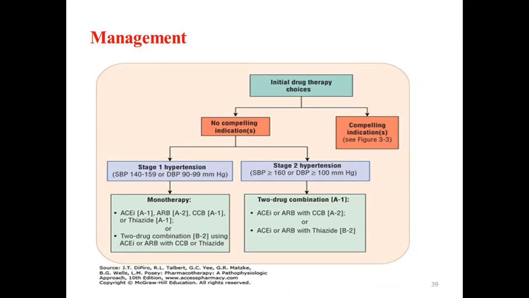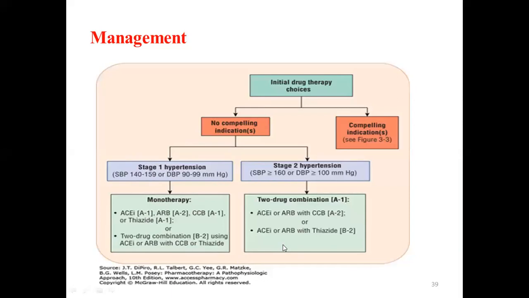If the patient has no compelling indication and is at stage one, it usually requires monotherapy. For monotherapy, we can use ACE inhibitors, ARBs, calcium channel blockers, and even diuretics. If monotherapy is not effective, we can use a combination therapy of 2 drugs.